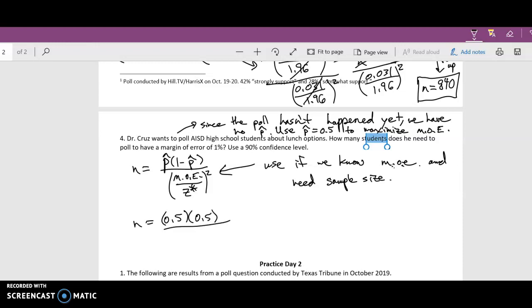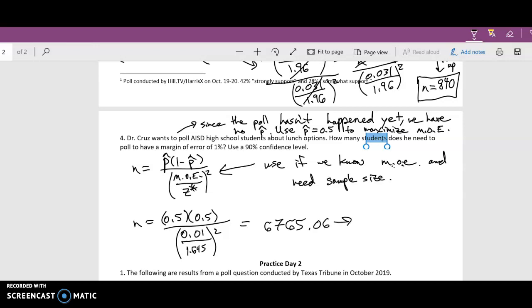Okay, so I'm just substituting in the values they gave us. The margin of error is 0.01. Z star for 90% is 1.645. That's on the notes from last class. 6765.06, which is going to round up to 6766 people.